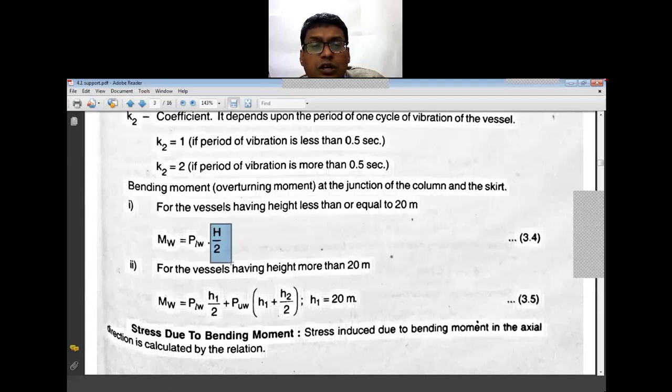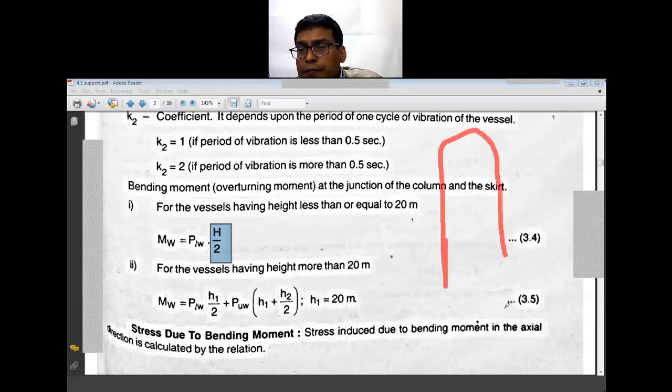The wind force acting on this vessel, we are going to average in this case, so half the distance has to be taken into account.